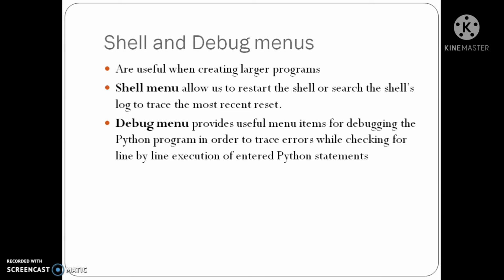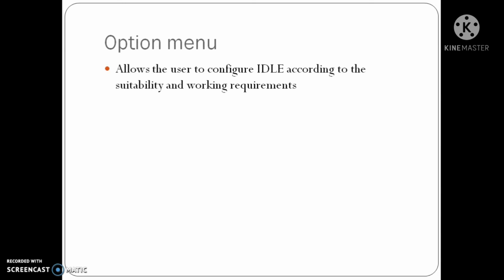Shell menu allows us to restart the shell or search the shell's log to trace the most recent reset. The debug menu provides us useful menu items for debugging the Python program in order to trace errors while checking for line-by-line execution of entered Python statements.